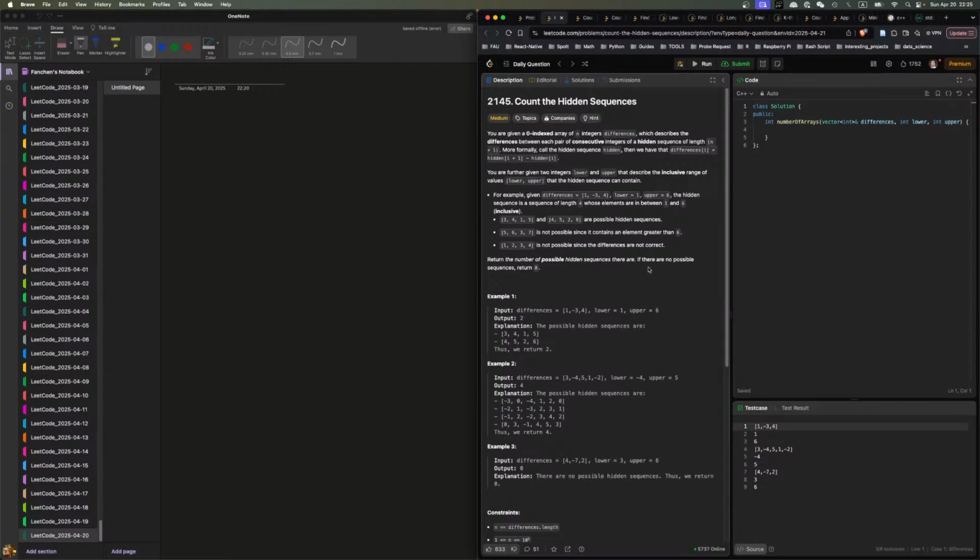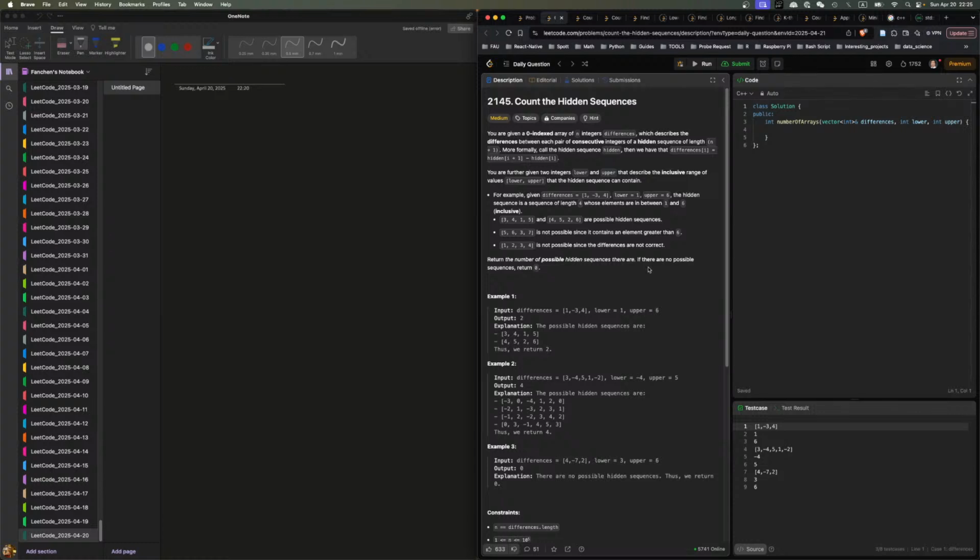More formally, call the hidden sequence hidden, then we have that differences[i] is hidden[i+1] minus hidden[i]. You are further given two integers lower and upper that describe the inclusive range of values, lower to upper, that a hidden sequence can contain.